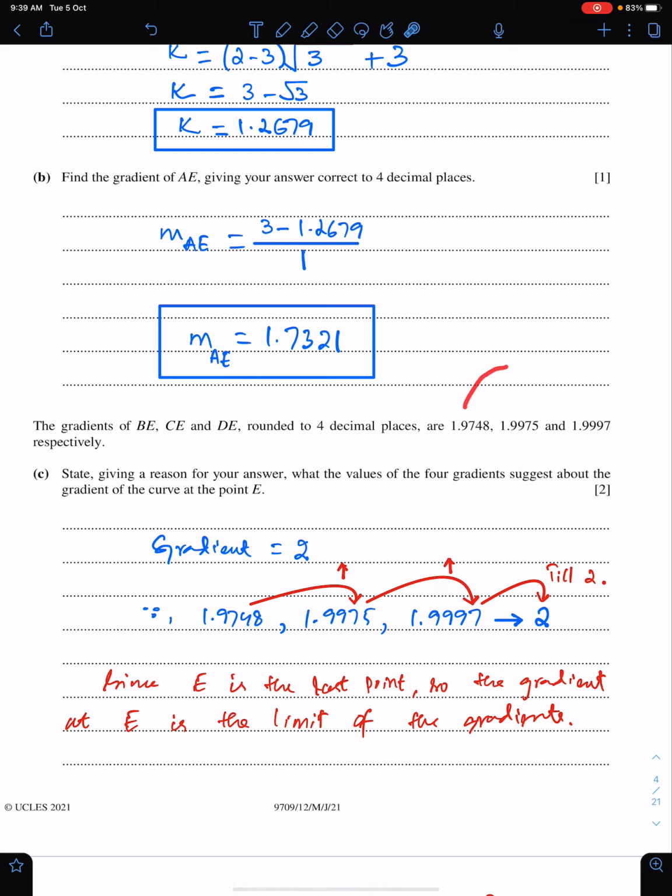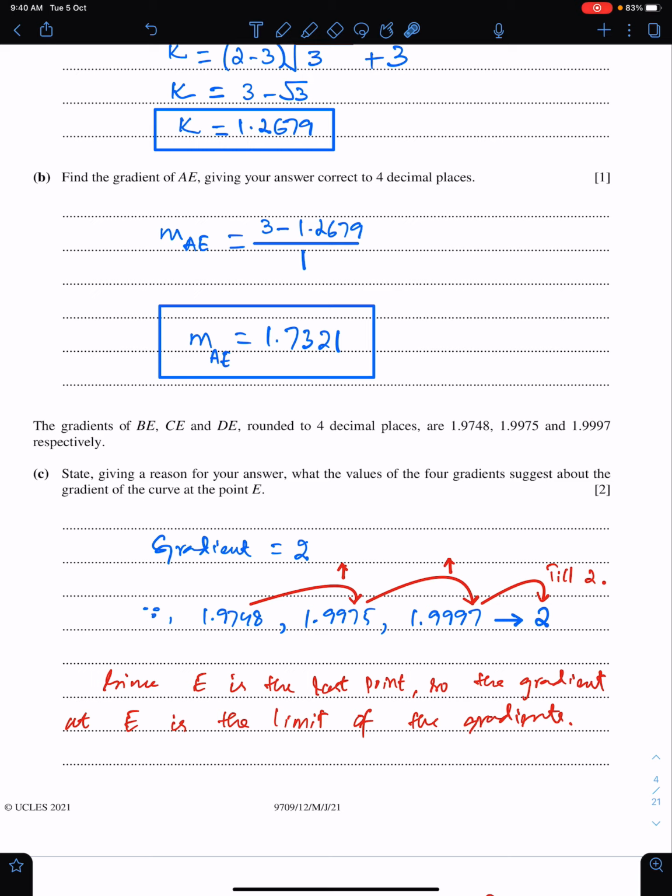If you observe these gradients, you will see that these gradients are increasing. This is 4.8 and this is 7.48, 9.75, and this is 9.97, approximately 2. So gradients are increasing.